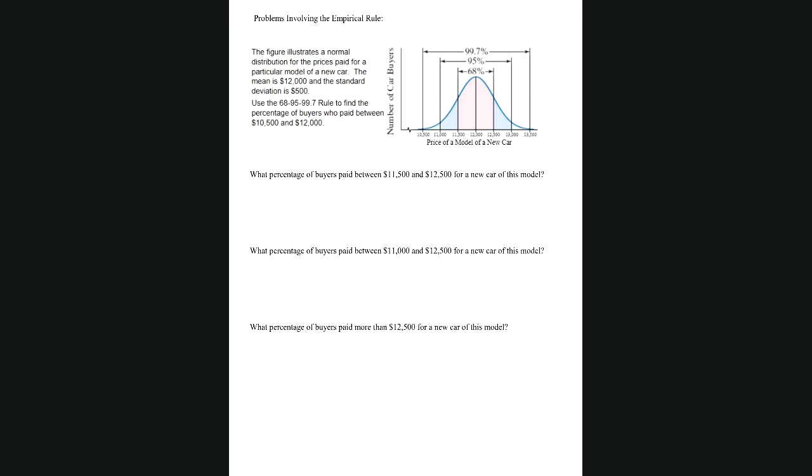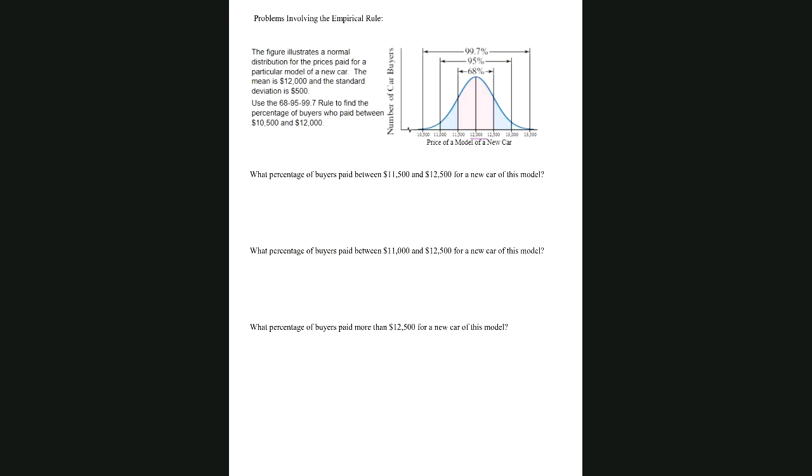Alright, so here in the middle I have the mean, and the way this works is that I have one standard deviation below the mean, so I subtract 500, which is a standard deviation, from the mean, and I add 500 to the mean. So one standard deviation below the mean is 11,500.